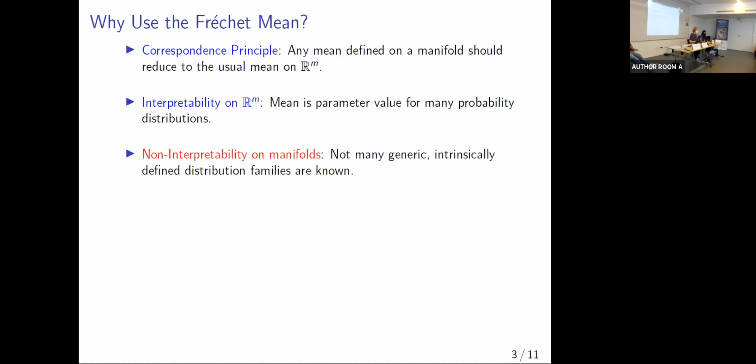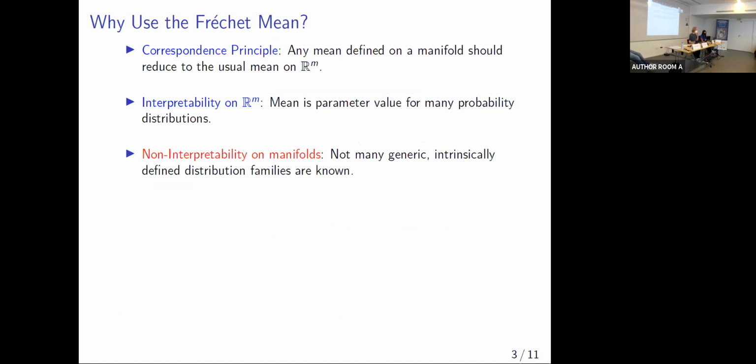So why use the Fréchet mean? The first is that it satisfies the correspondence principle. What's a reasonable mean on a manifold is not a priori clear. It should satisfy the principle that it reduces to the usual mean on R^m. Otherwise, we would probably discard it as a notion of mean.